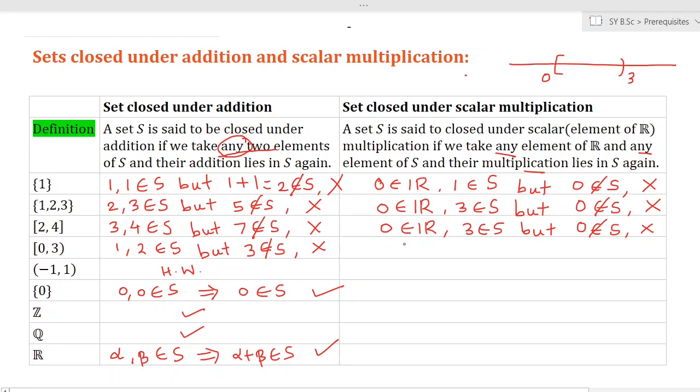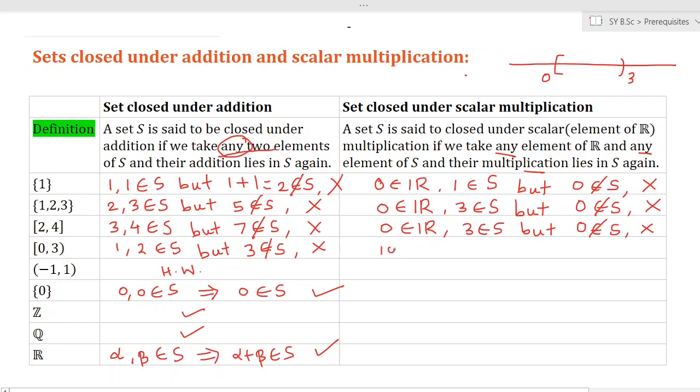Okay, so I will pick some bigger number, because you know this set is a bounded set actually. So if I take a large value of R, then it will be easy to give a counter example.